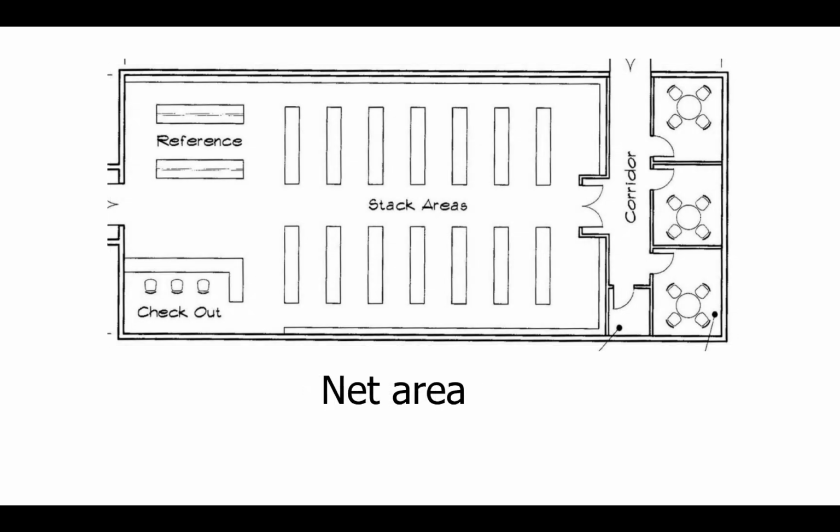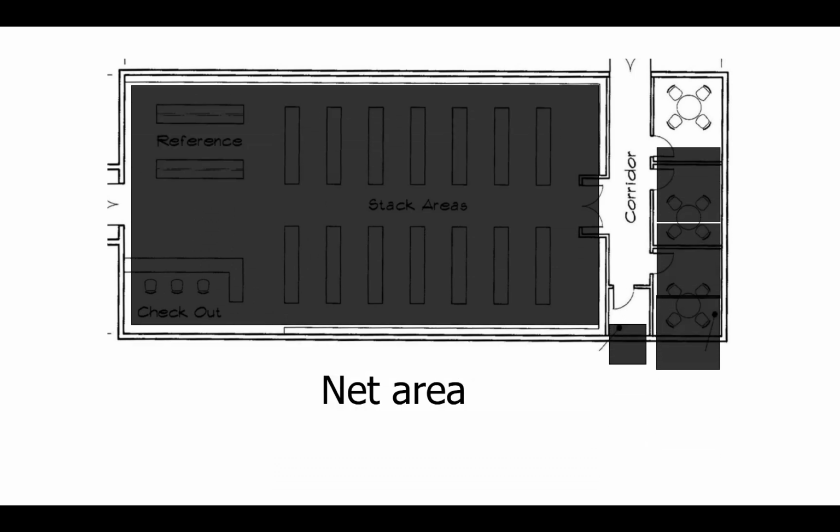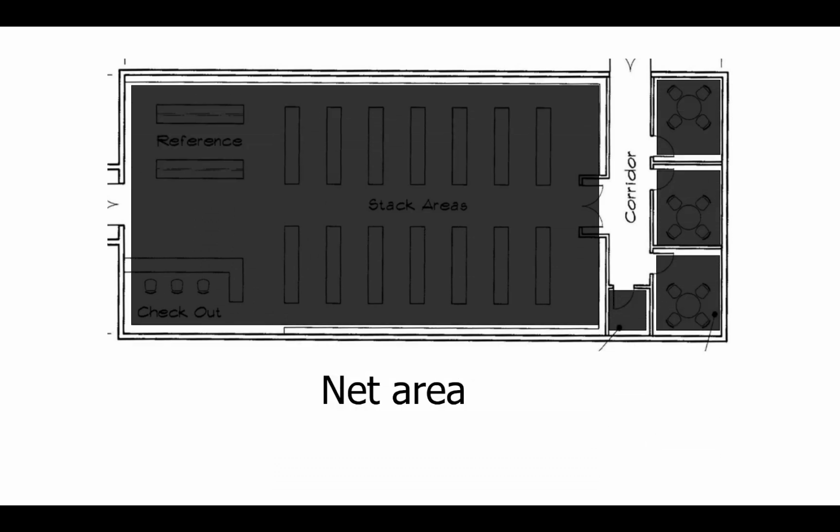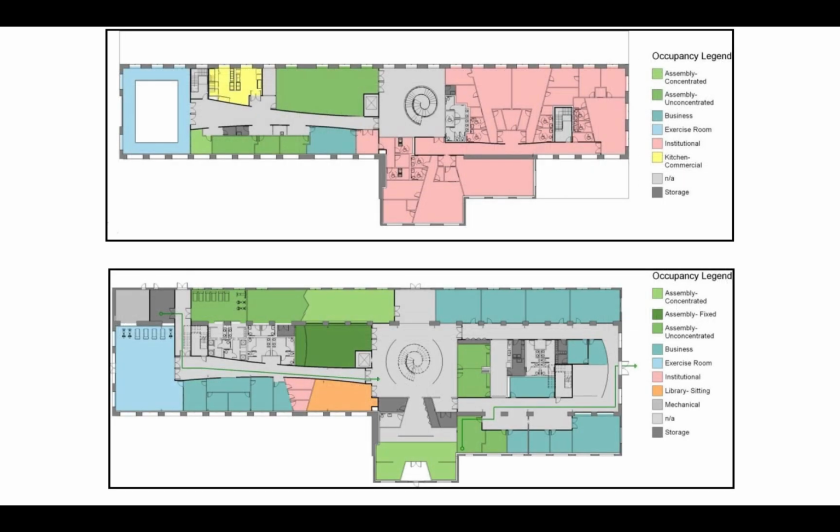Just FYI, if you have something that is net area, and this is true of, say, assembly spaces of different sorts, that is just the interior space. So you measure the interior face of the walls, and that is what gets you your net area. But anyway, our project is super simple. It's just gross square footage, so we have it easy.